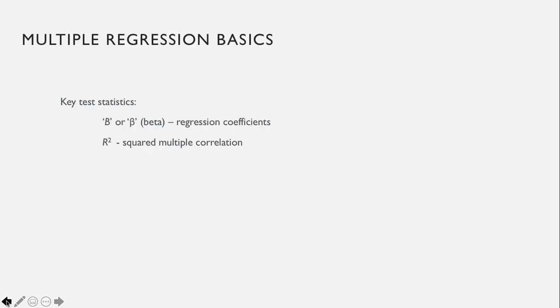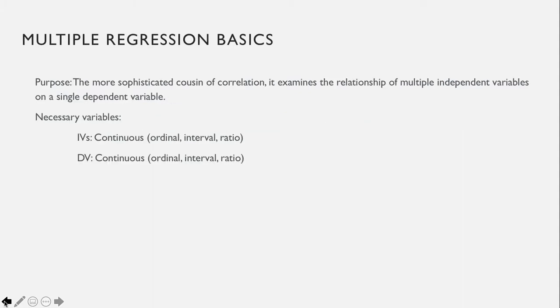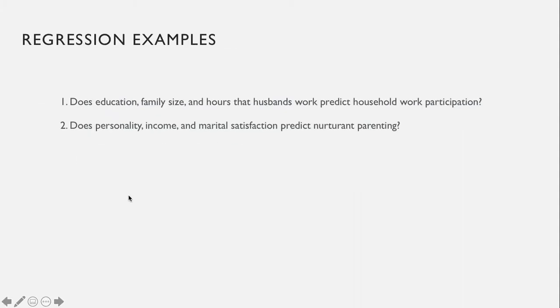So if we go back to these examples, each independent variable is going to have a beta or B coefficient with the dependent variable. So there will be 3: education with household work participation, family size with household work participation, and hours at husband's work with household work participation.